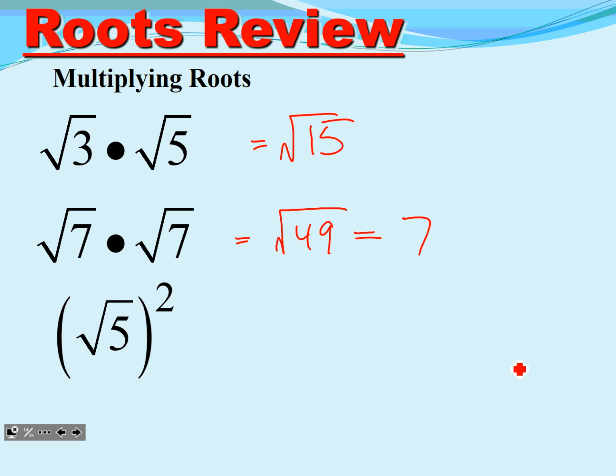Now, you guys should remember a certain property about squaring roots. Square roots and squares are opposites of each other. They actually cancel each other out. So root 5 squared is simply 5.